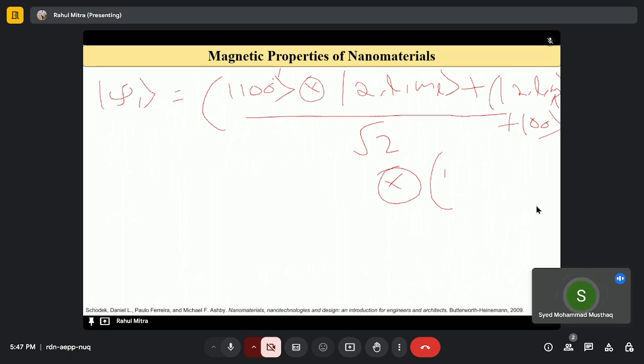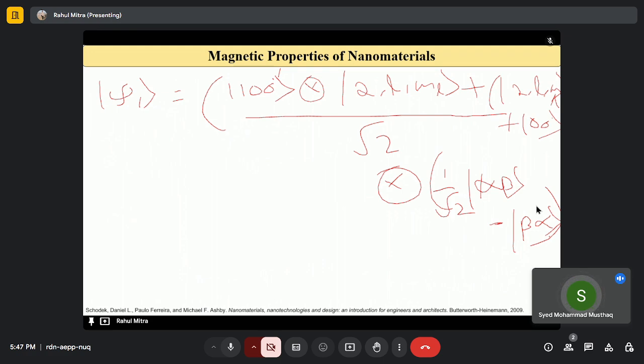What is my other state? Which can be a singlet, right? What do we mean by singlet? Alpha, beta, beta, gamma. What does that mean? Now alpha is my spin magnetic moment, which shows the plus half, and beta shows minus half.